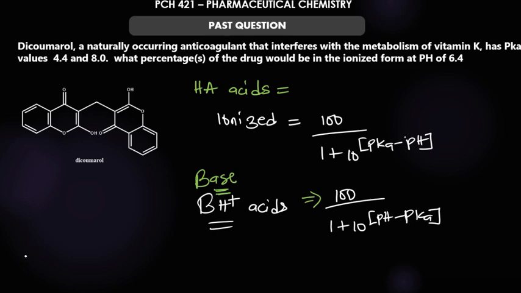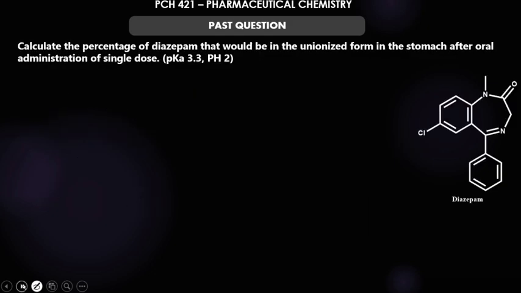Now the question is, how do you identify if the compound in question is an acid or a base? In most cases, the lecturer wants to be lenient and is supposed to tell us that this is an acid. But for PharmChem, they decided not to tell us whether it's an acid or a base.